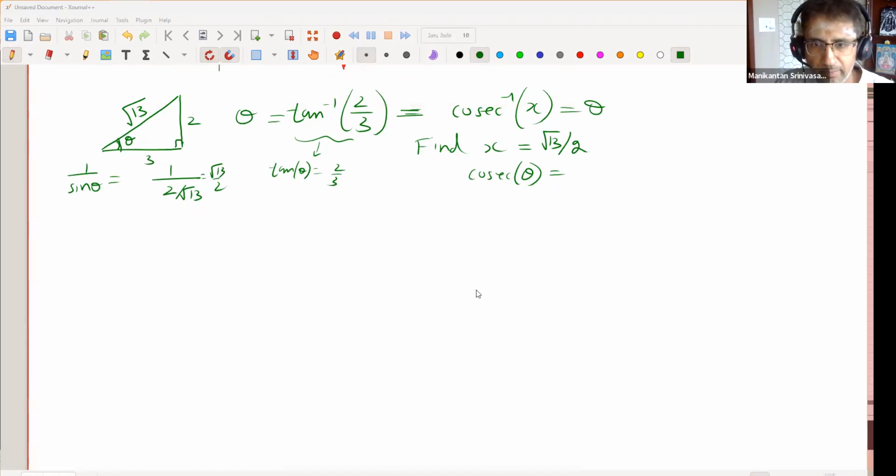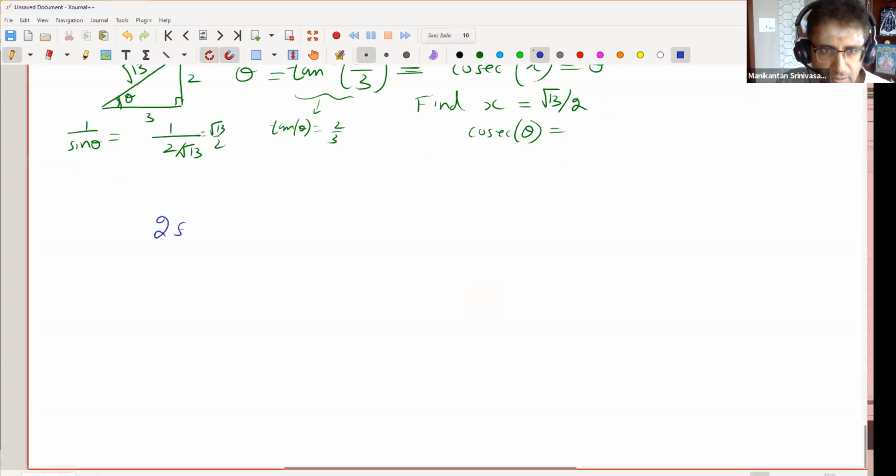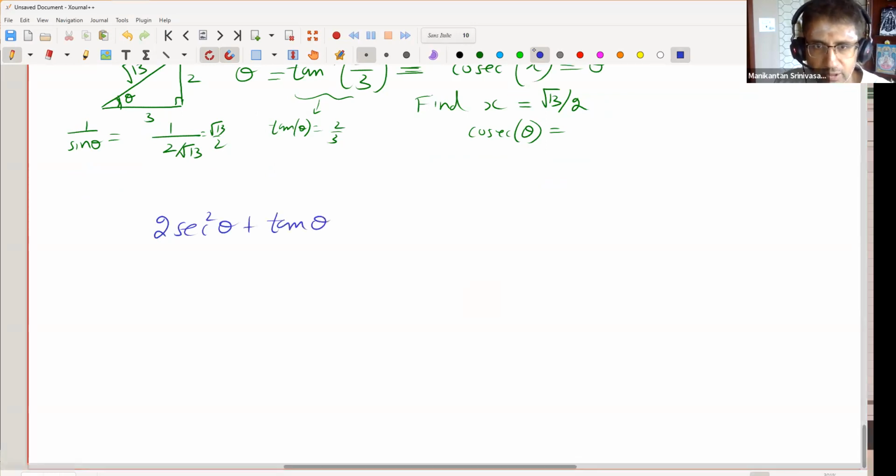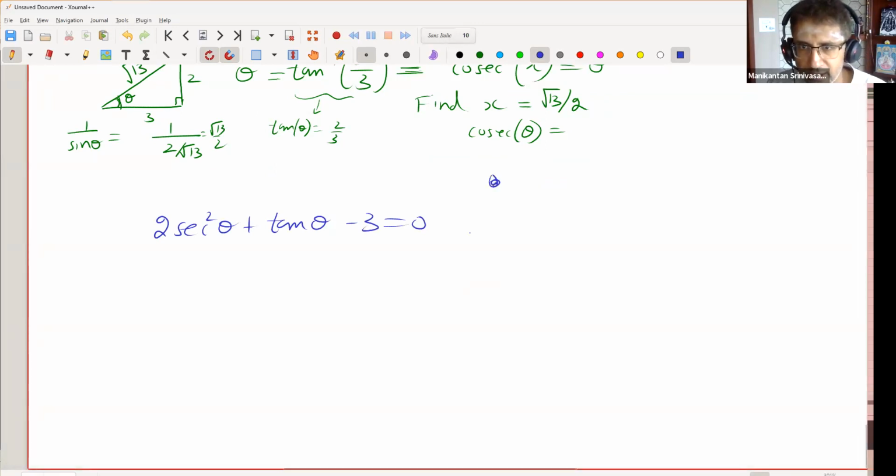So for example, let's say I had one here: 2 sec square theta plus tan theta minus 3 equal to 0, with minus 180 less than or equal to theta less than or equal to 540 degrees.